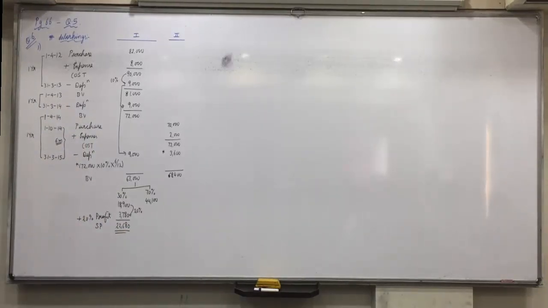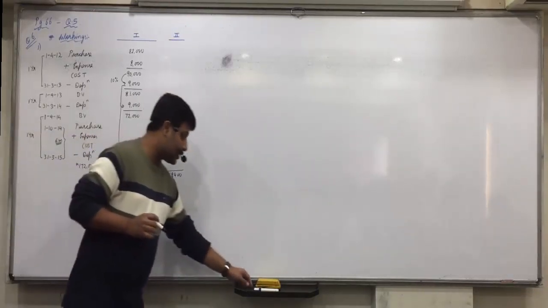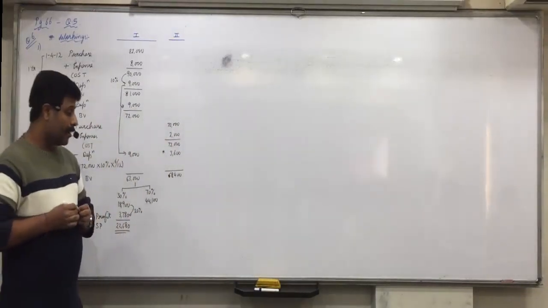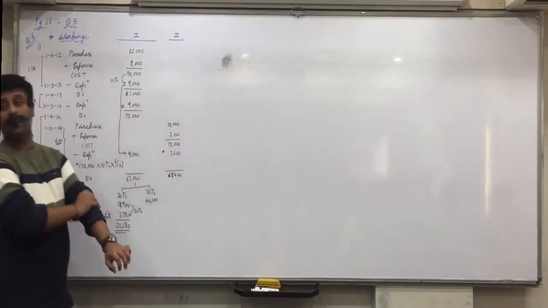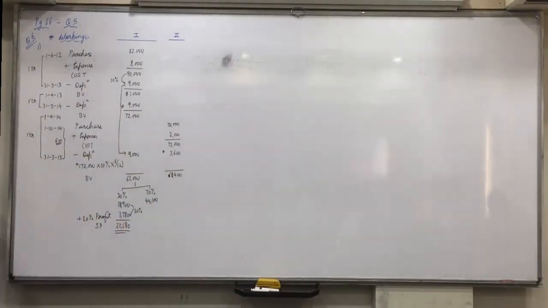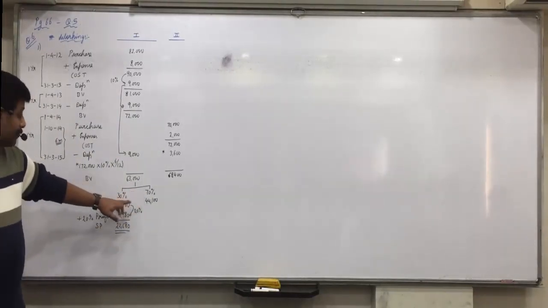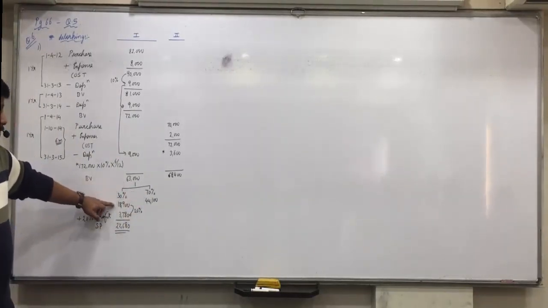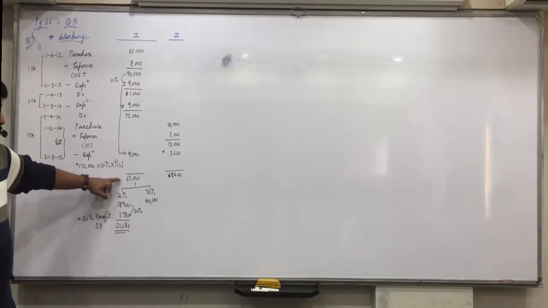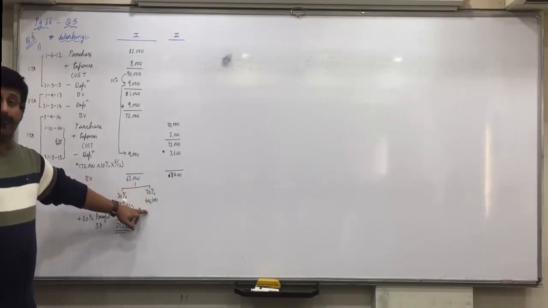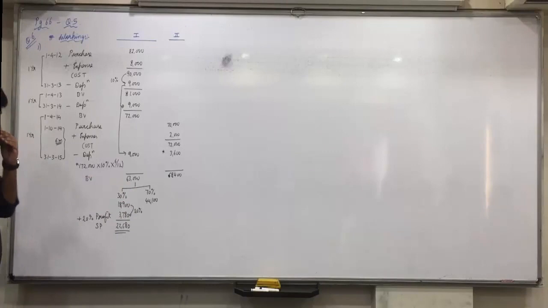Did everyone understand this? Why did we divide it in two parts, 30% and 70%? Because only 30% of first machines are sold. So we divided this amount in two parts: 63,000's 30%, 18,900 and 63,000's 70%, 44,100.